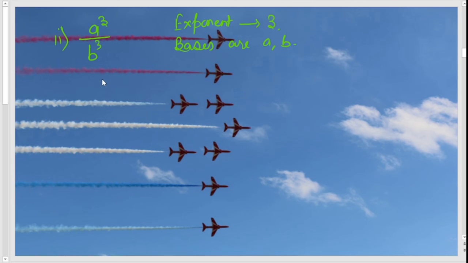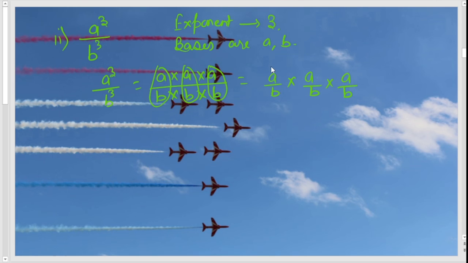So here we can write it like a cubed by b cubed is equal to a into a into a by b into b into b. We can make it pair like this, like this, like this. It can be written as a by b into a by b into a by b.